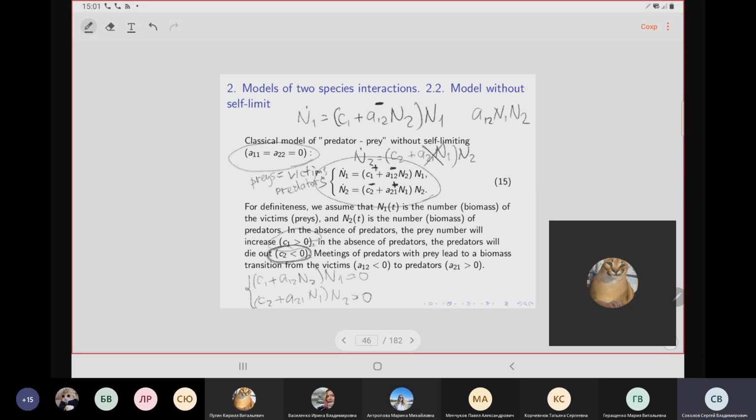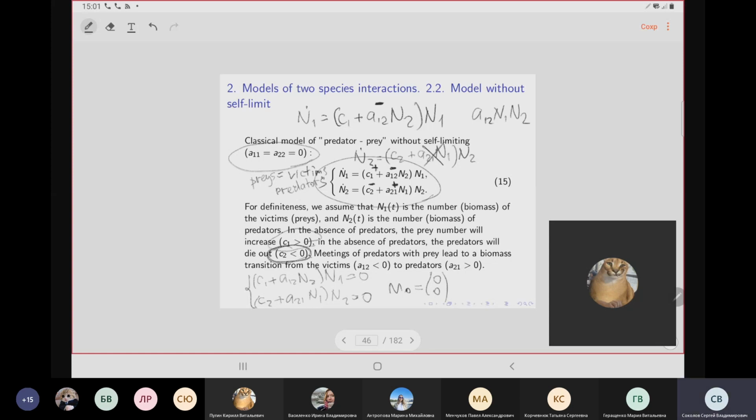The first steady state is trivial, M0 is (0, 0). So a trivial one. In this model, there are no rabbits and no wolves.